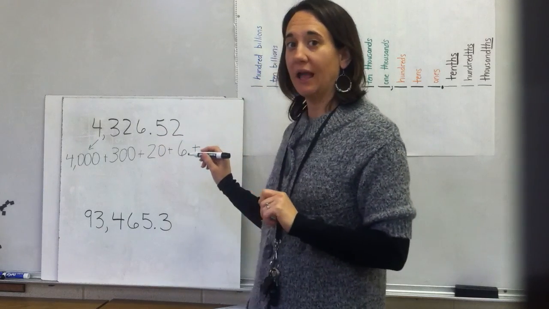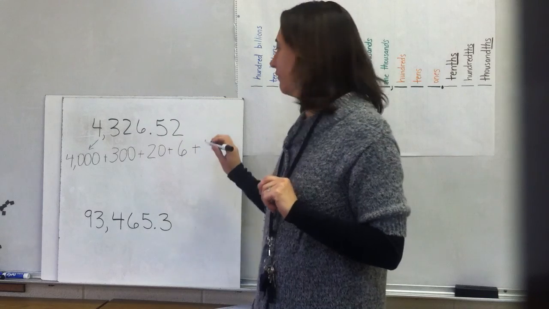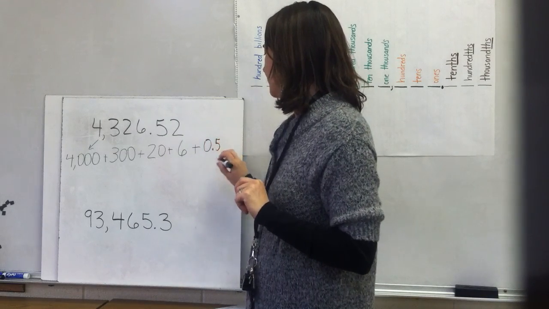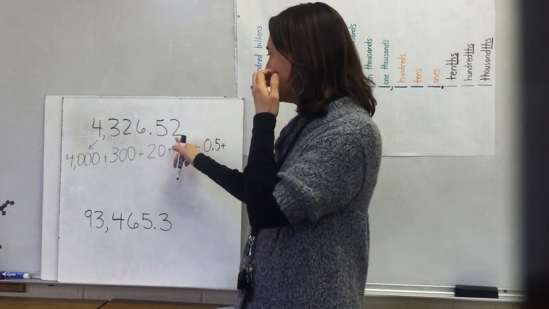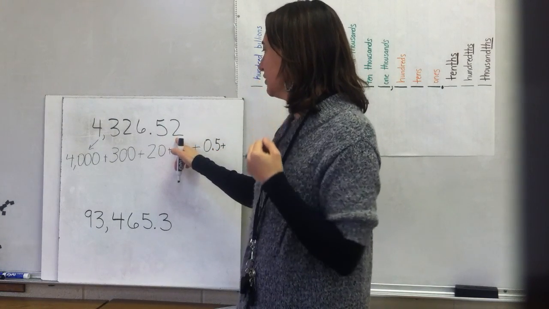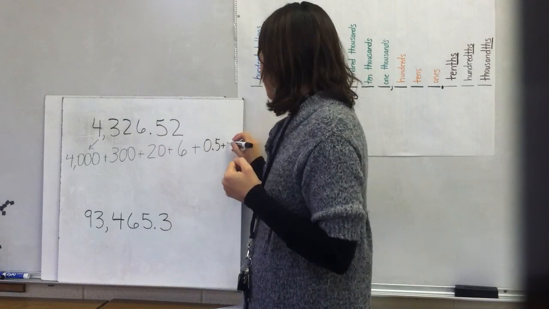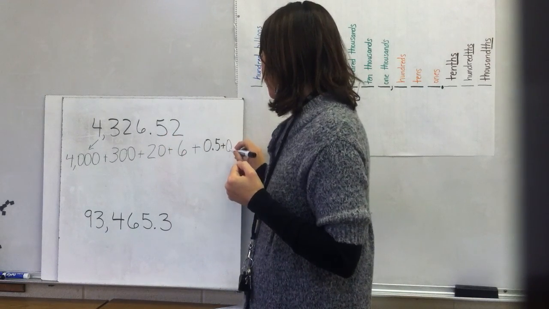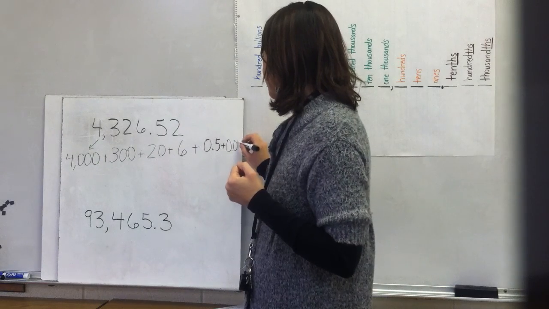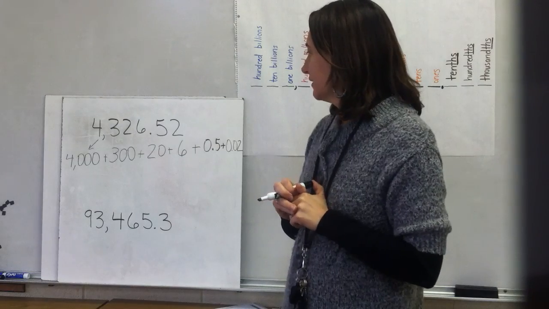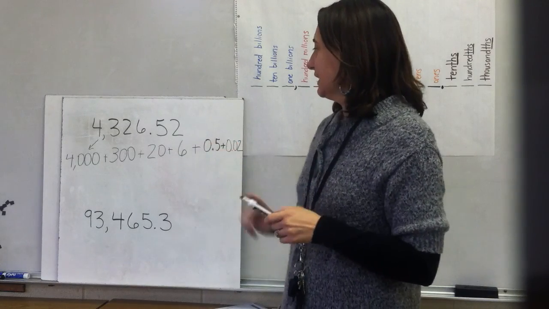Remember, we need to put a placeholder 0 first, then our decimal, and then 5 tenths. Last one, we want to do 2, and it's in the hundredths place. So we do our placeholder 0, a 0 for the tenths place, and then a 2 for the hundredths place. So that's one we did together.